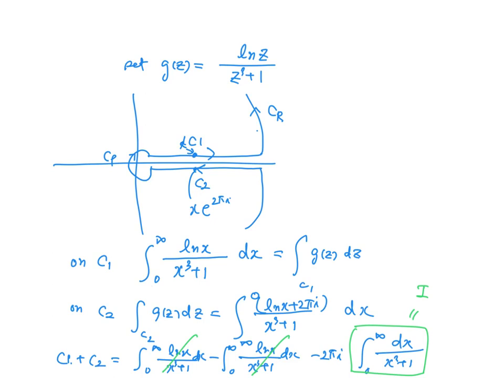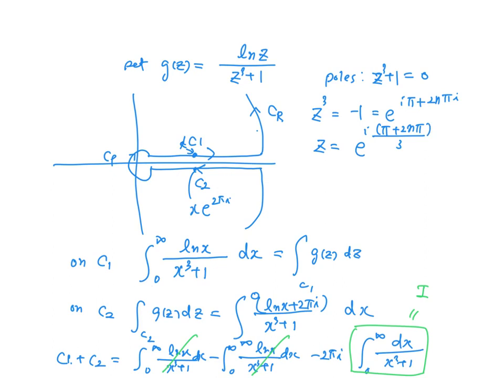And how many poles do we have? Poles: z cubed plus 1 equal to 0. So z is minus 1, exponential I pi plus 2n pi. So z is actually exponential I pi plus 2n pi over 3.